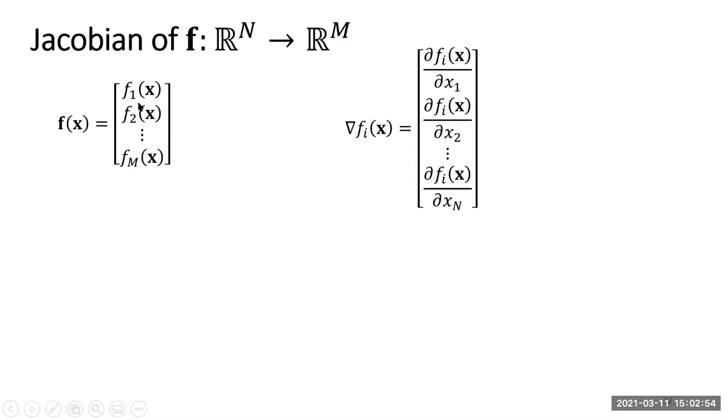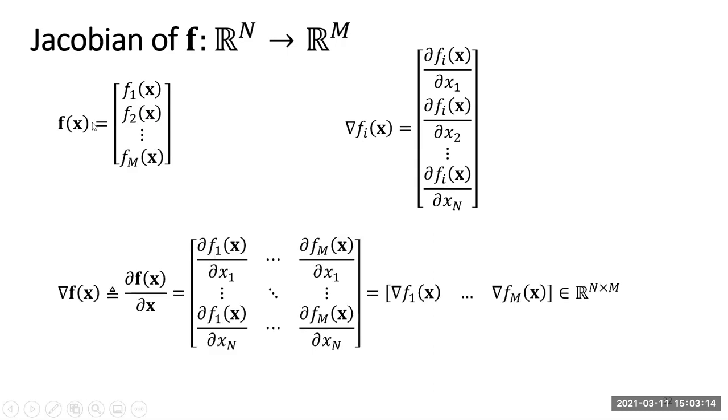Now, consider any fi, any scalar component of f. We know that the gradient del fi of x is defined in this manner. It's this vector, right? The derivative of this vector function will be this matrix. It's called the Jacobian matrix.